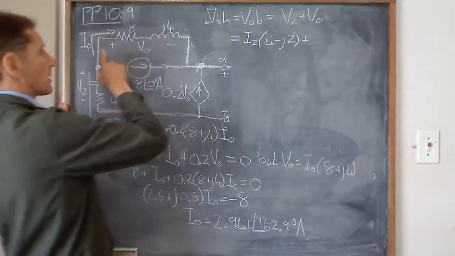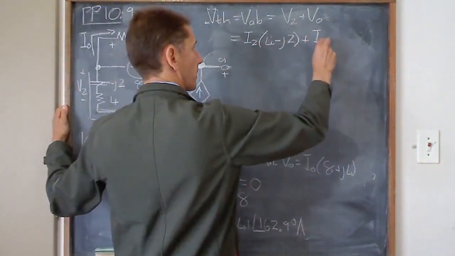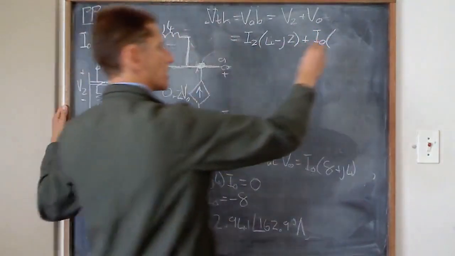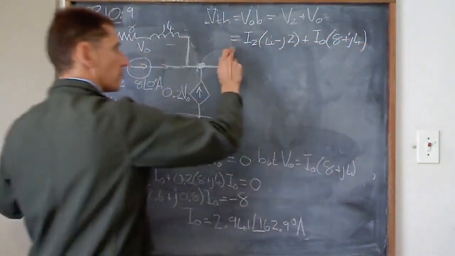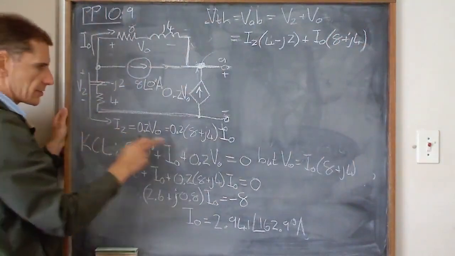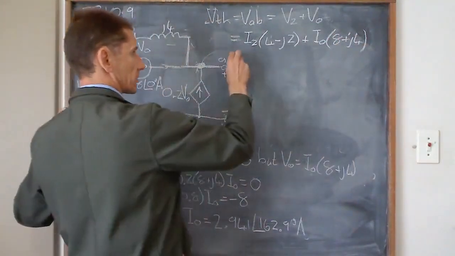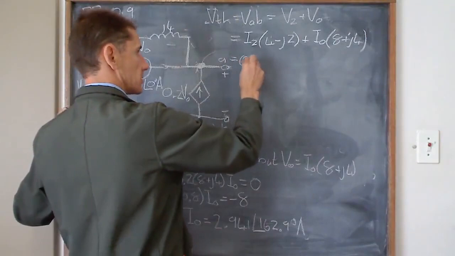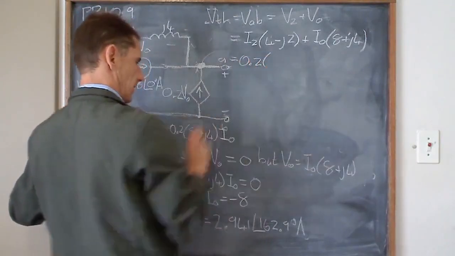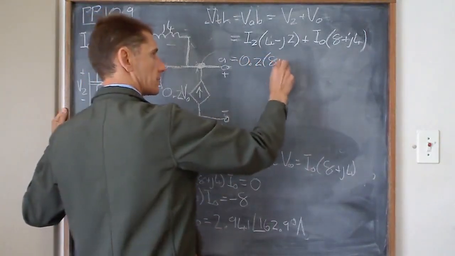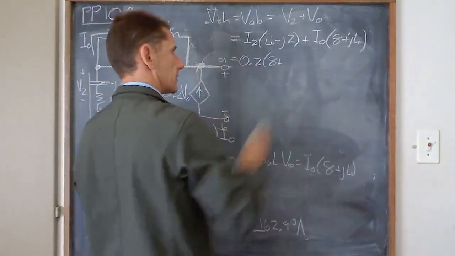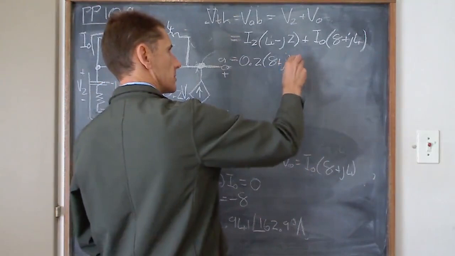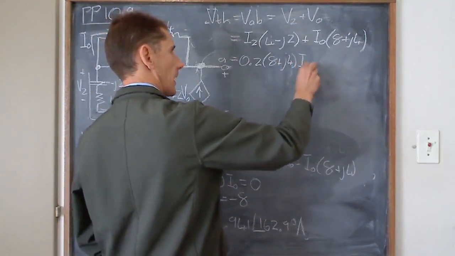V out is I out times 8 plus J4. But we already saw that I2 we can write in terms of I out. So this then becomes 0.2, the 8 plus J4, 8 plus J4, I out.